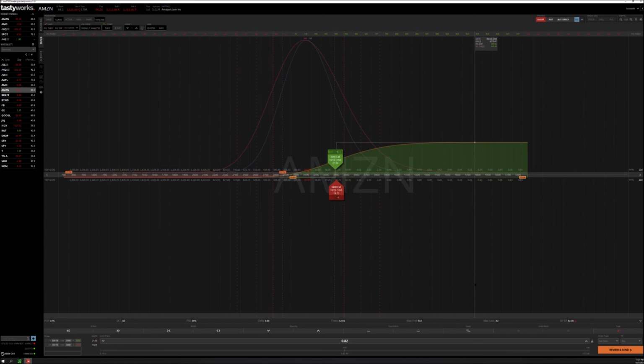If it hits, hold on, if it hits 47, hold on, max profit is not gonna be there. Max profit is gonna be right here, I think. All right, yeah, that 43.60 would be the max profit. Okay, but we know that's not gonna hit 43. So let's be more realistic.